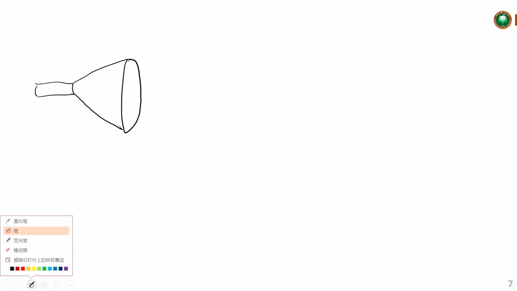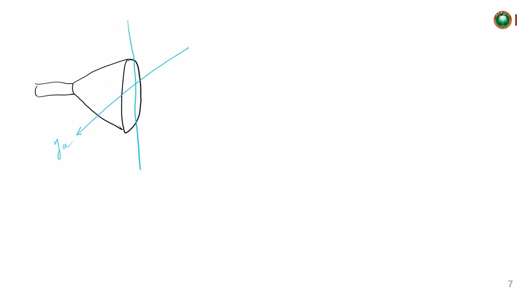For a circular aperture, we want to set up another coordinate system, with the axes XA, YA and angle theta.